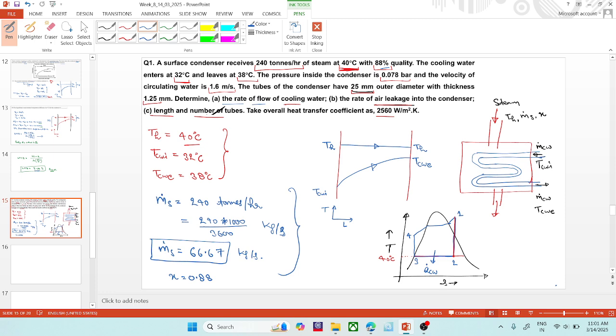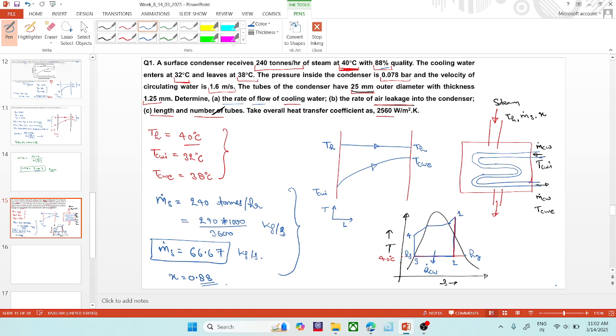Here at 40 degrees centigrade, the enthalpy would be HF, and here it would be Hg, and here at point 2, x is 0.88.